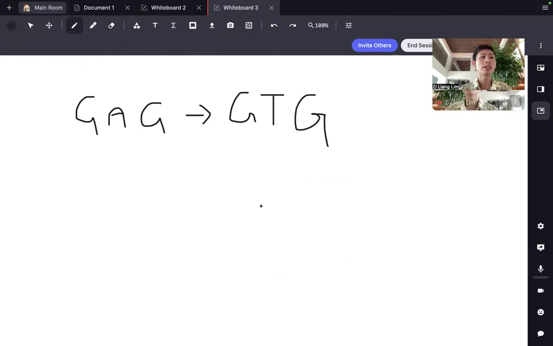So is this a missense, a nonsense, a silent, or a frameshift mutation? I'll give you a few minutes to think about it. I do want you to refer back to your table for amino acids. The universal genetic code is the place for you to identify the type of mutation.